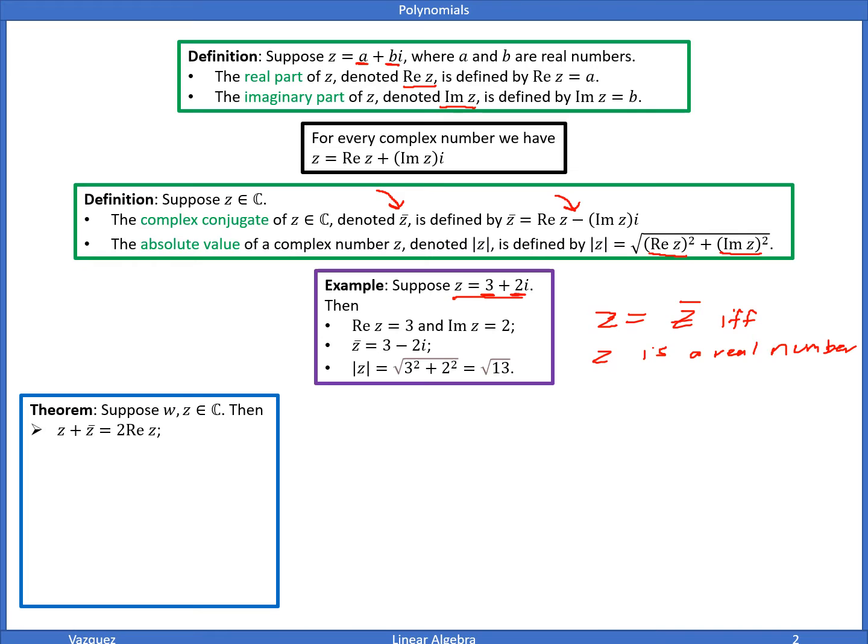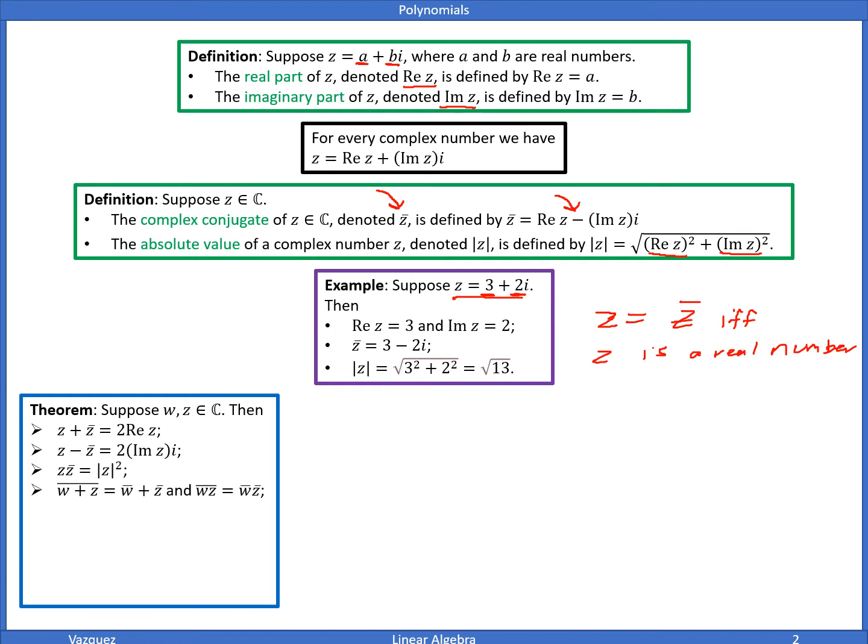So here's a theorem. Suppose w and z are complex numbers, then z plus its conjugate is equal to 2 times the real part of z. z minus its conjugate is equal to 2 times the imaginary part of z, times i. And again, you can verify these simple calculations. Just use the definition. The product of z and its conjugate is equal to the absolute value of z squared.